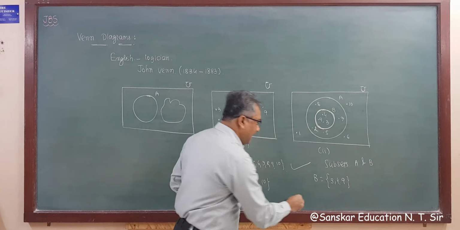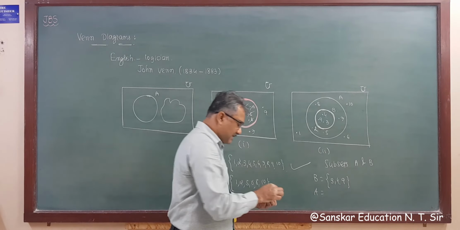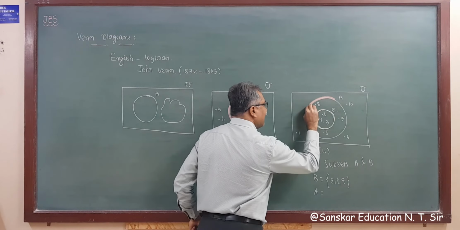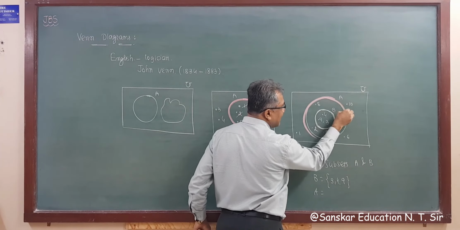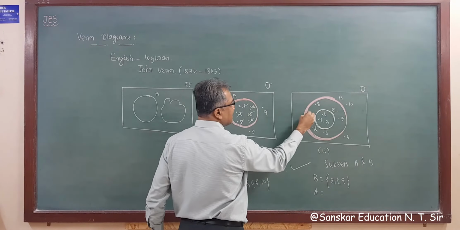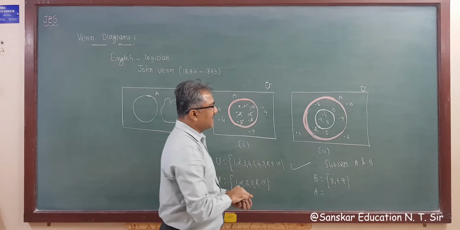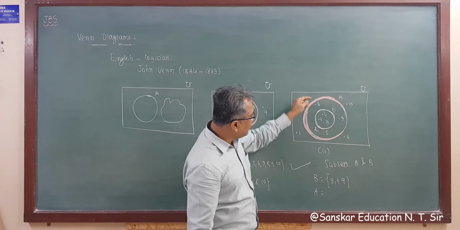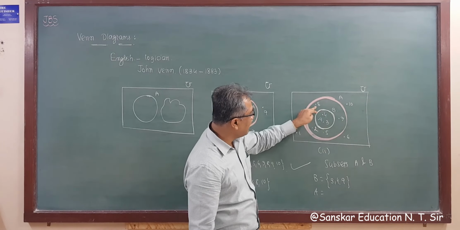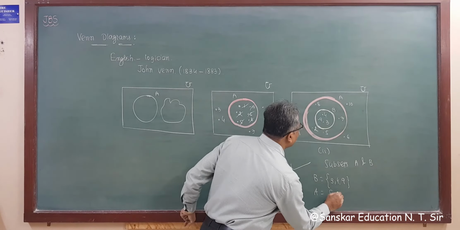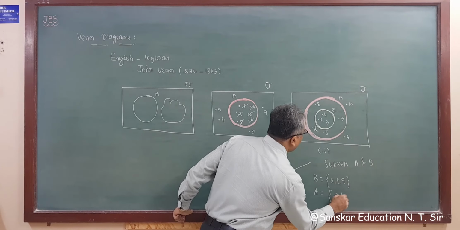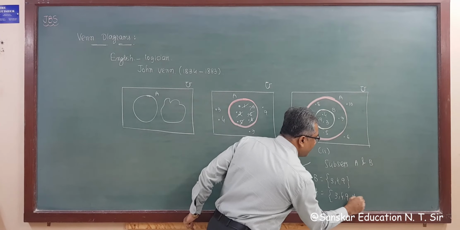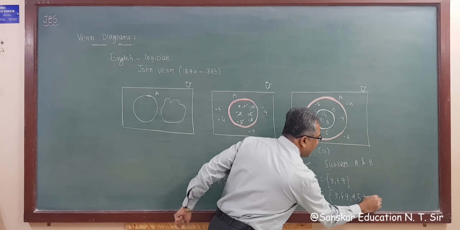While set A means all elements inside the red circle, that is 9, 3 and 4, including also 2, 5, 7 and 8.